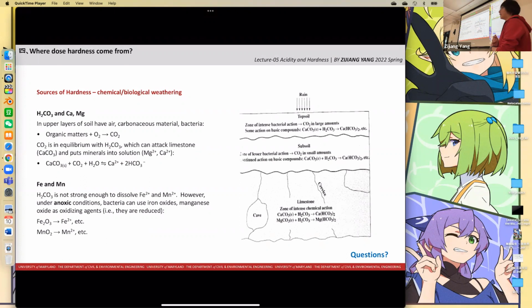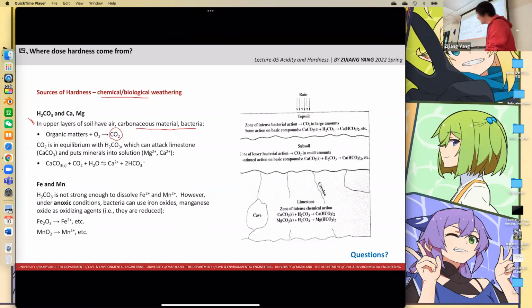Here I would like to talk about the source of hardness. The main source of hardness comes from chemical or biological weathering. In the upper layers of the soil, because we have air, carbonaceous materials and bacteria, we have CO2.